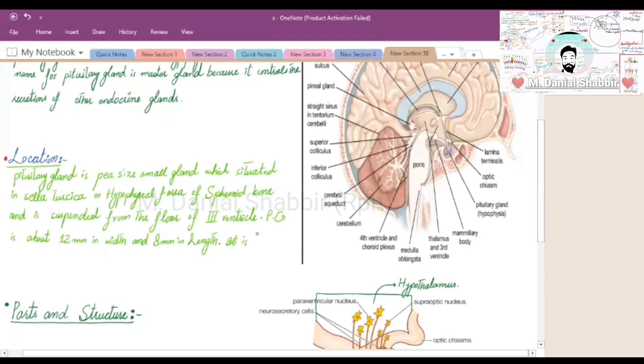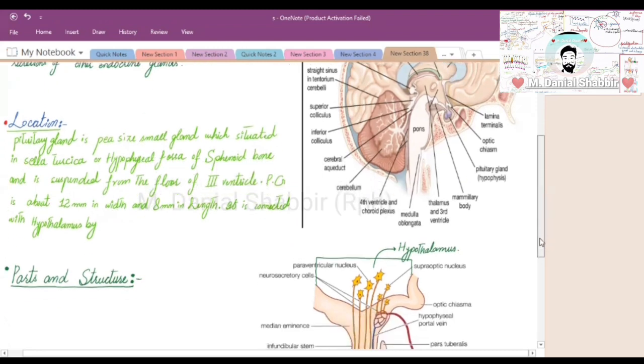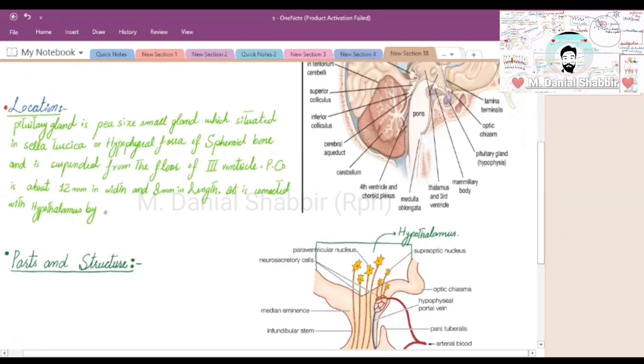It is connected with the hypothalamus by the infundibular stalk. Okay, this is about the location of the pituitary gland. Now I am going to describe it with your paper.